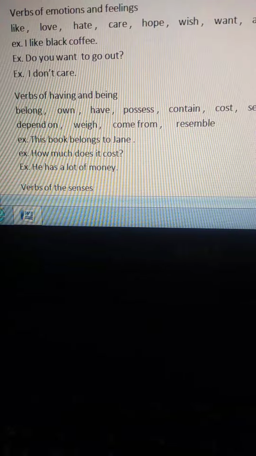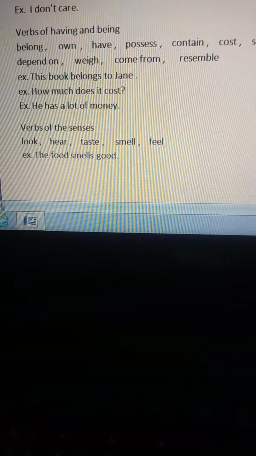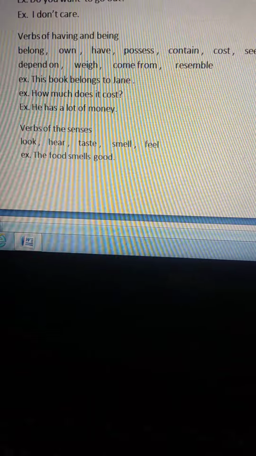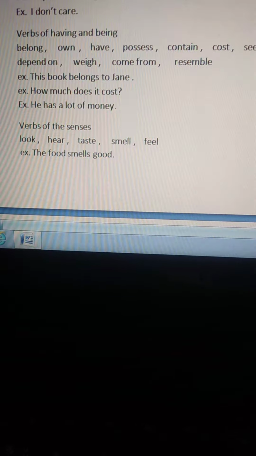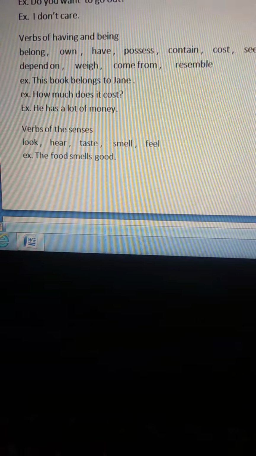Verbs of having and being. Repeat, please.